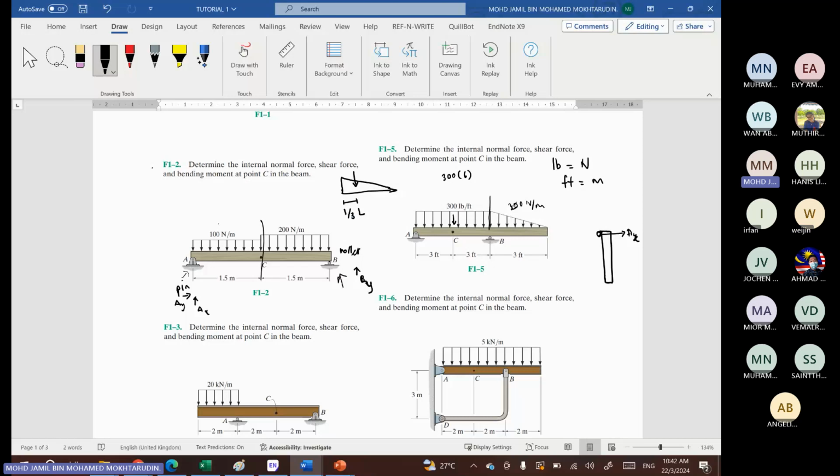And then the resultant force will be F times length divided by half. Okay. So here it will act at this point. It will be 1 meter. So it will be 300 times 3 divided by 2.